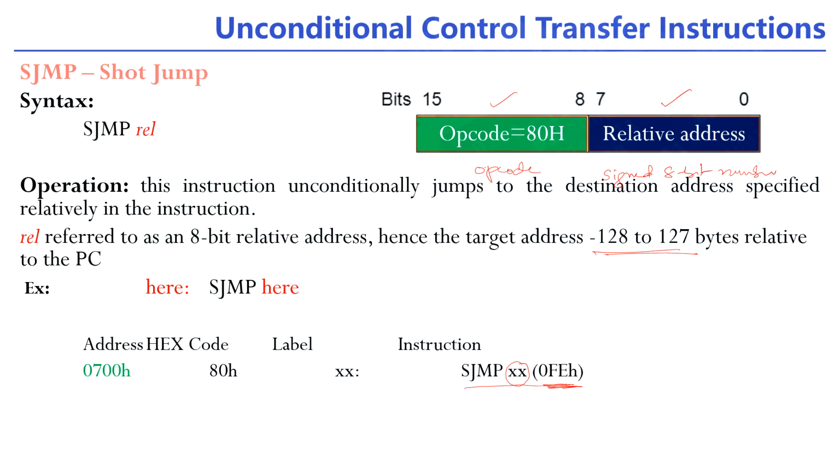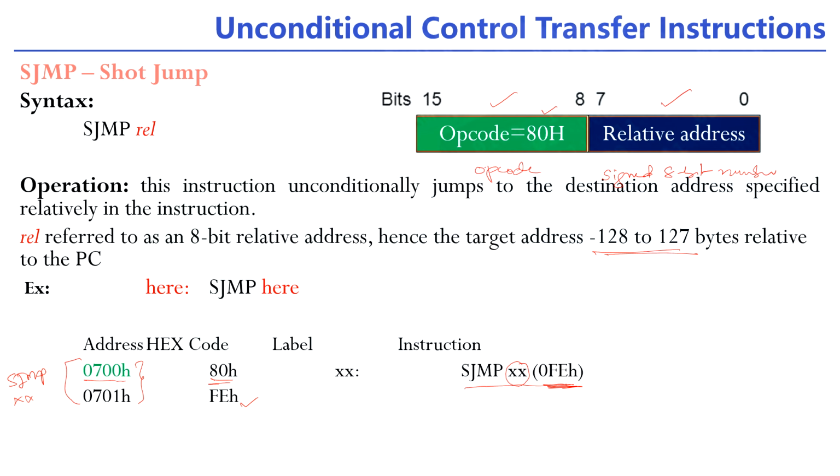Let us consider this instruction is available at location 0700H. SJMP is available and 80H is the first byte, the opcode. And this FE will be stored in the next location. So that means this instruction occupies two locations in memory.